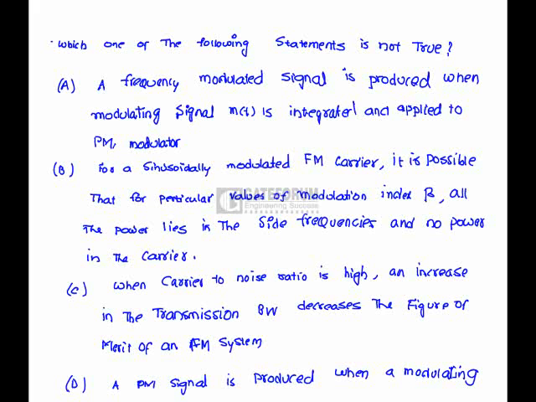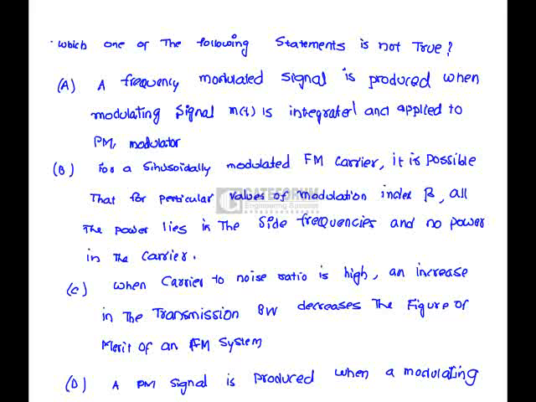Question is, which one of the following statements is true? When a frequency modulated signal is produced when a modulating signal is integrated and applied to a PM modulator. Yes, it is a correct statement. And for statement B, for a sinusoidally modulated FM carrier, it is possible that for particular values of modulation index, the power lies in the side frequencies and there is no power in the carrier at all.